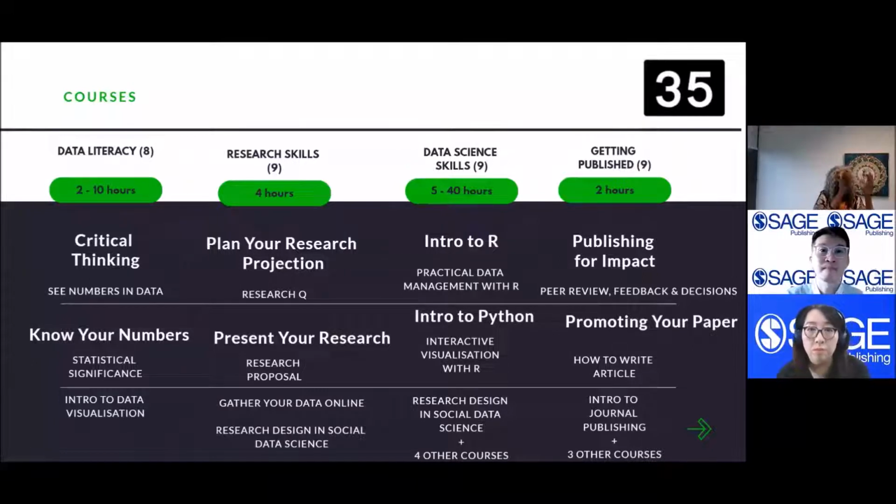Within here, the ones in big italics, critical thinking and know your numbers, are very popular, where people get to understand the amount of data that I have, how to objectively critique the numbers, and make a good case study for my research.